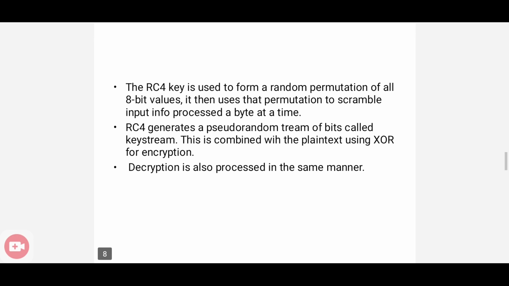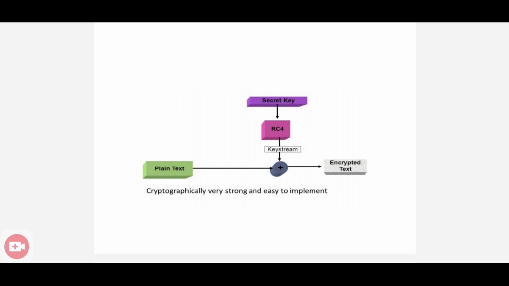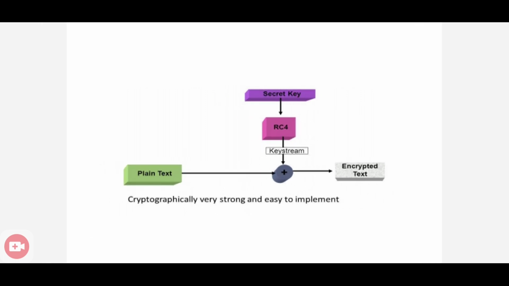So this is the basic structure of RC4. We have a secret key, the capital K, and this is the input to the RC4 algorithm, the pseudo random number generator algorithm. We get the key stream, and then we can XOR it with the plain text to produce the encrypted text or cipher text.